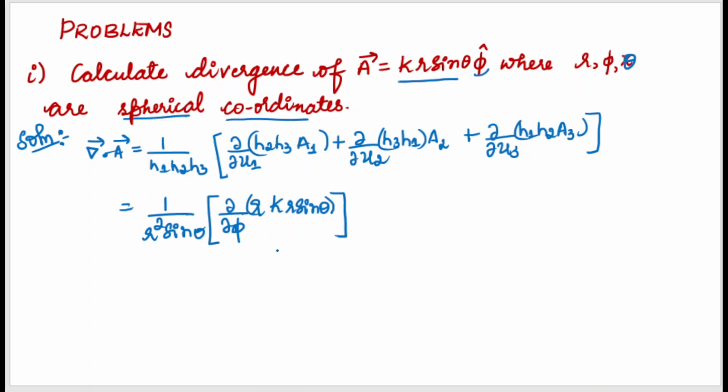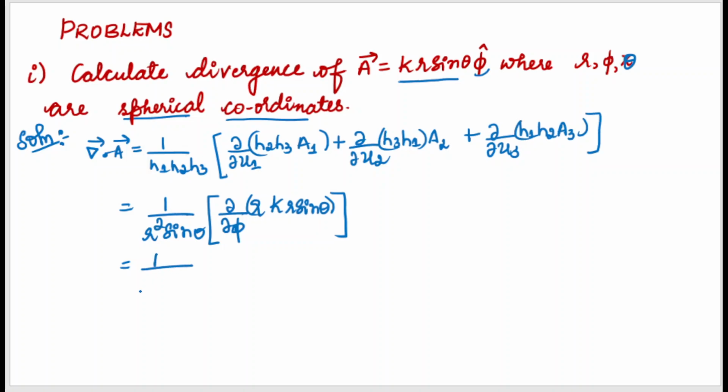Now see, they have given a very easy problem. It is dou phi; we are going to differentiate with respect to phi. Inside the bracket, we have only the terms containing r and theta, so r and theta will be constant. Obviously, this term will be 0.